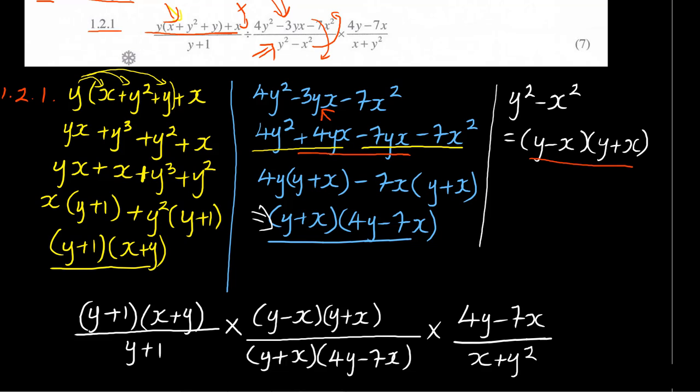I think I made an error here, if I can correct that. Let's look again at this part. Check carefully what is inside the bracket. We have got y plus 1, which we did, and then we've got x plus y squared. I just wrote x plus y, so that must be x plus y squared.